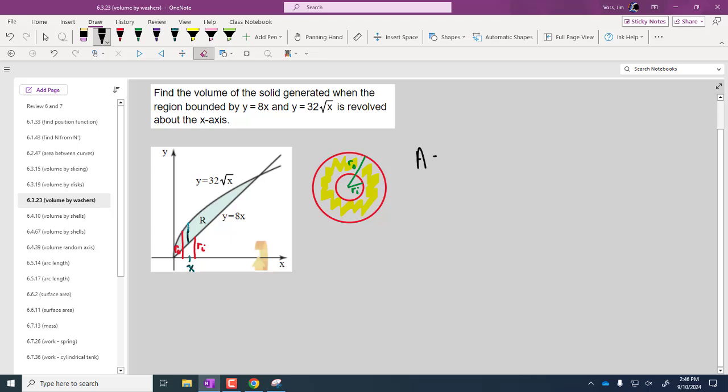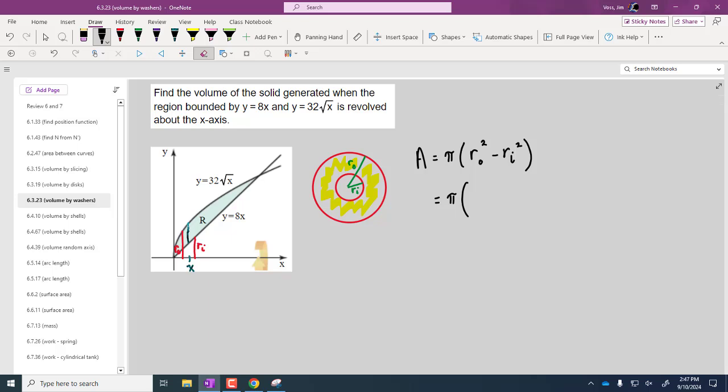And then the area here is pi times the outer radius squared minus the inner radius squared. So that's the area of a washer. Big disk minus small disk. So what is the outer radius in this case? 32 root x, everyone agree?